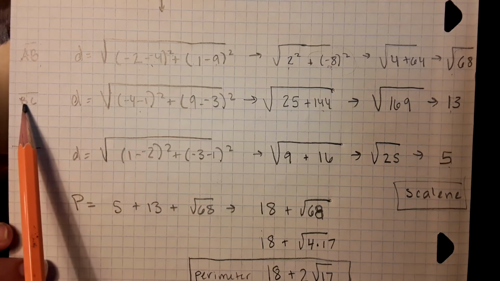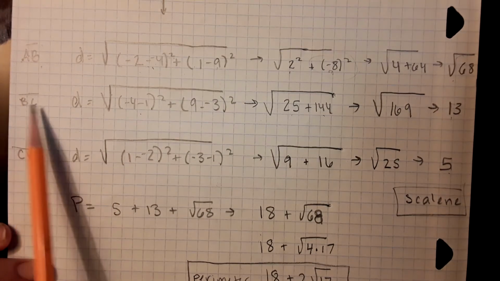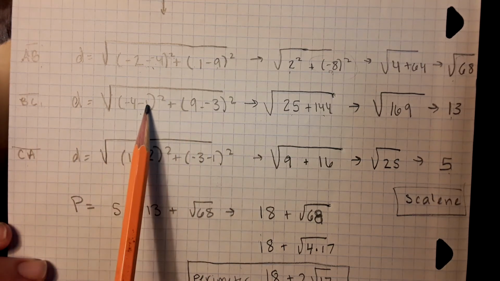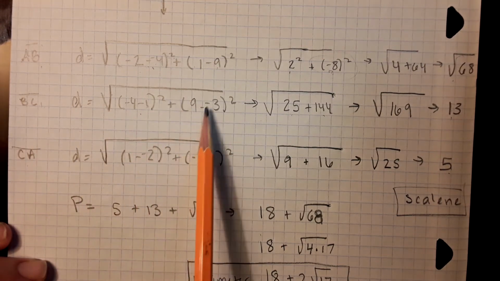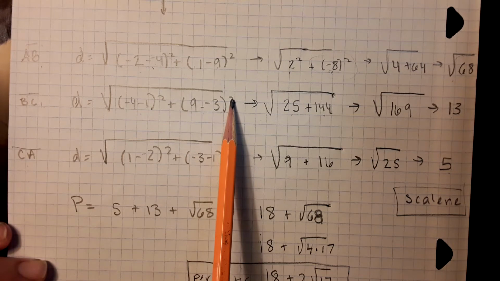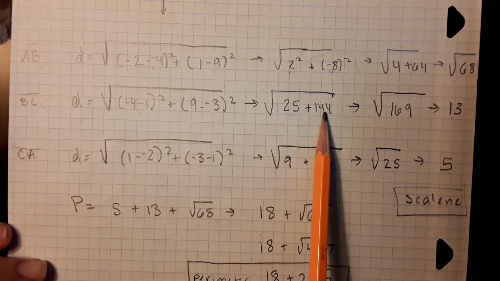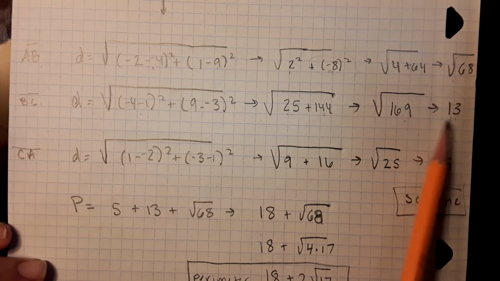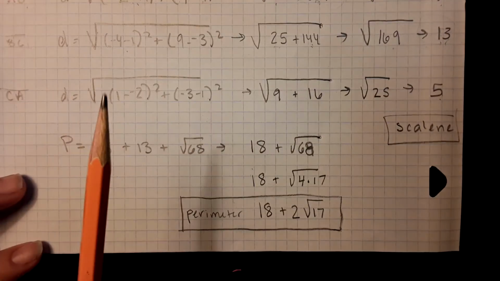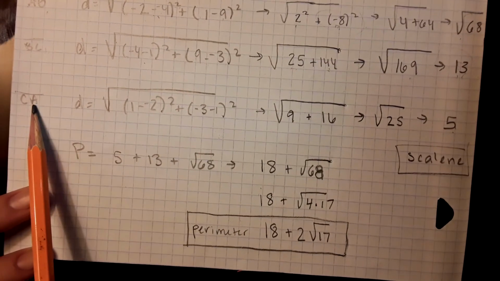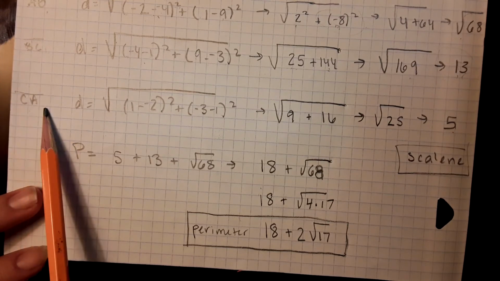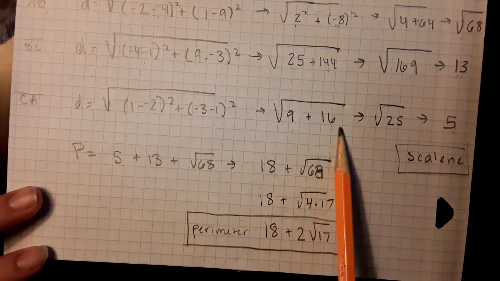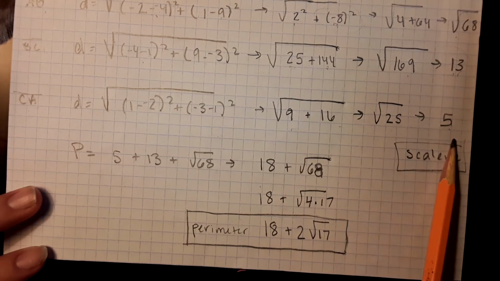Then you'll do the distance between the two other points, B and C. Negative 4 minus 1 squared, 9 minus a negative 3 squared. 25 plus 144, the square root of 169, you get a nice integer, 13. Lastly, do the distance between the remaining points, C and A. The square root of 9 plus 16, square root of 25 is 5.